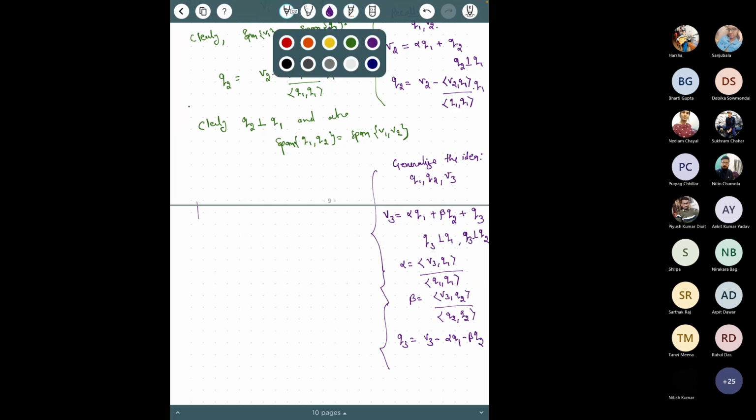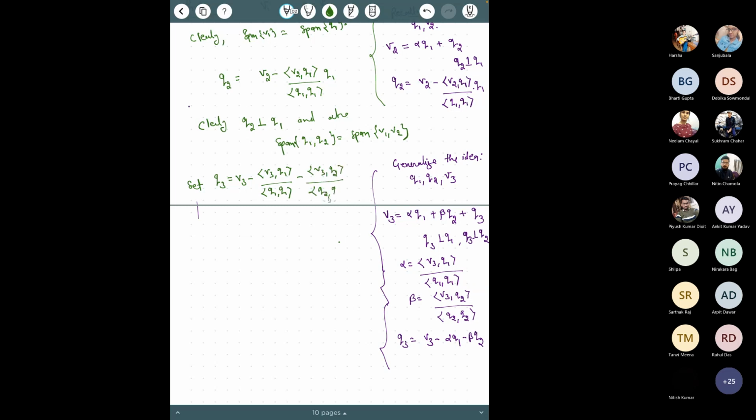So what I'm saying is that using this idea, you can find the third vector also. You set q3 as v3 minus (v3, q1) divided by the length of q1 squared times q1, minus (v3, q2) divided by the length of q2 squared times q2. Clearly, the way you have constructed it, q3 is orthogonal to q1 and also orthogonal to q2.